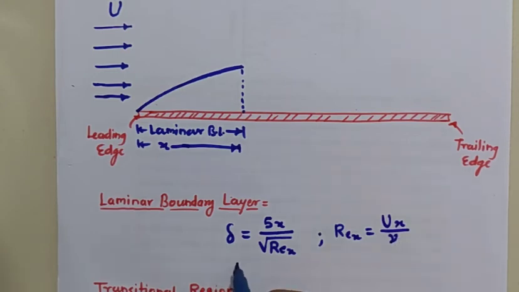So therefore delta will be 5 under root x nu upon capital U.